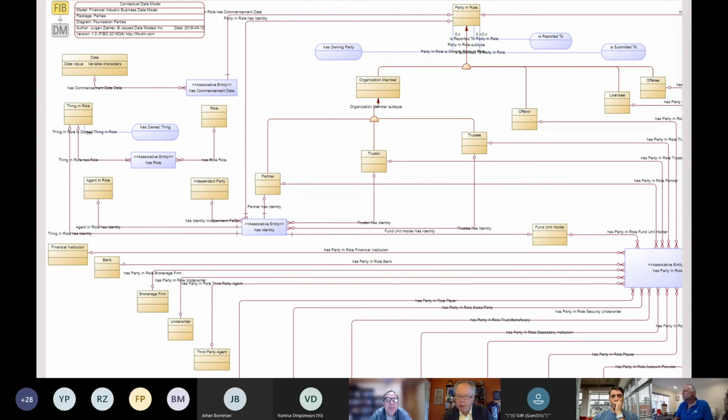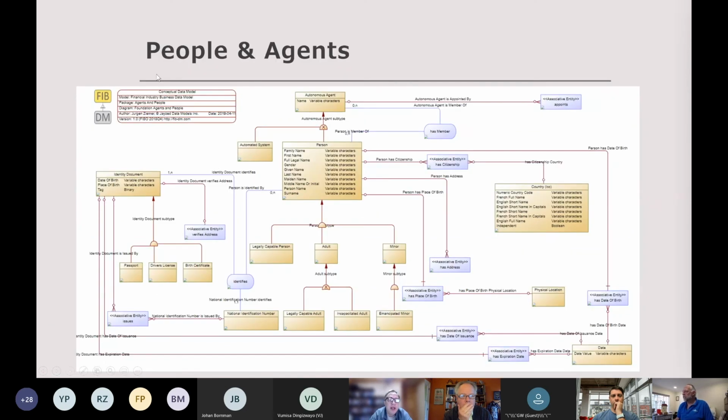Yeah. So with the FIBO data model, the main thing is that you have the autonomous agent. Yeah, I've actually got it here. Is that a better one? So I've actually got the autonomous agent. It's a good way to start. It strictly segregates the information that pertains to a person, organization, and so on from the roles it plays.